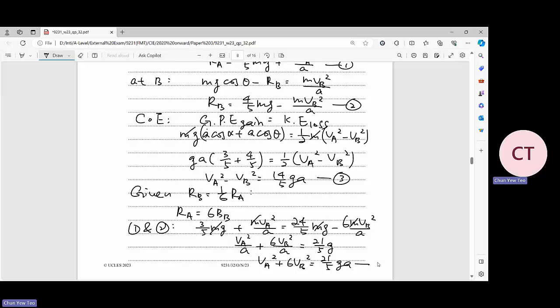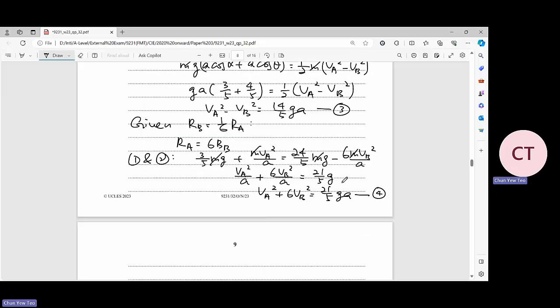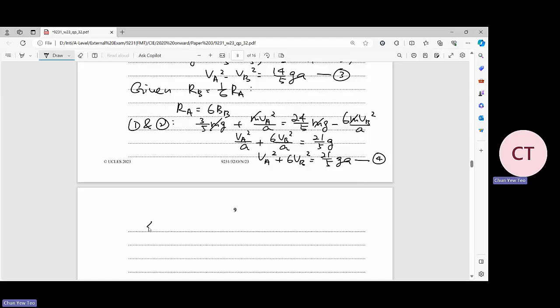That will be my fourth equation. Take the fourth equation minus the third equation, 4 minus 3. Then I have 7VB square equal to 7 over 5 gA. Then my VB square is actually 1 over 5 gA.